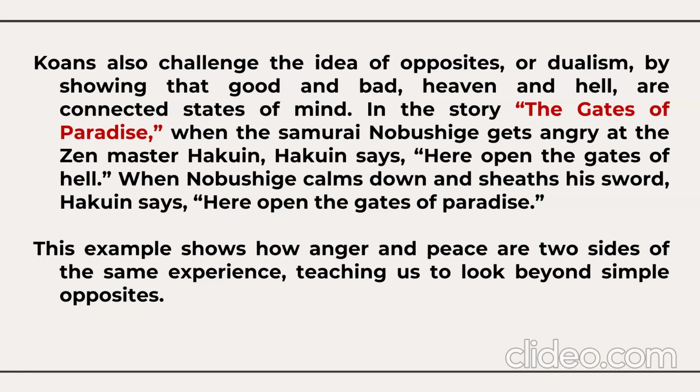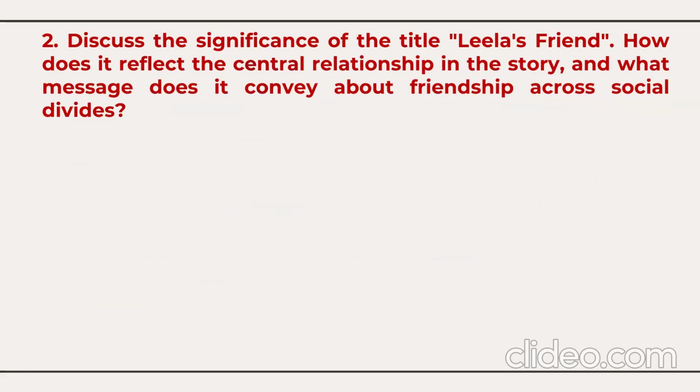When Nobushige calms down and sheathes the sword, keeps it inside, Hakuin says, "Here open the gates of paradise." So this example shows how anger and peace are two sides of the same experience, teaching us to look beyond simple opposites.